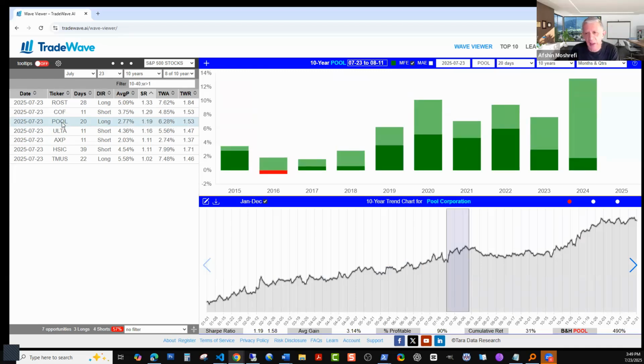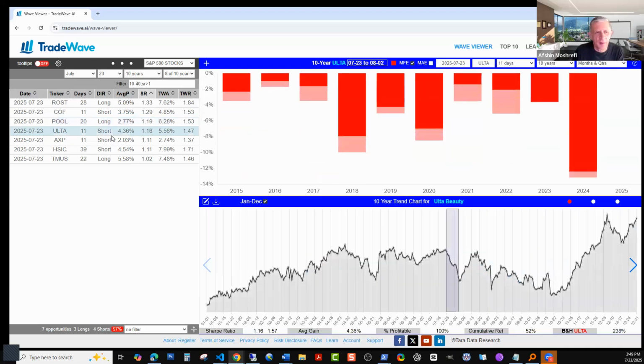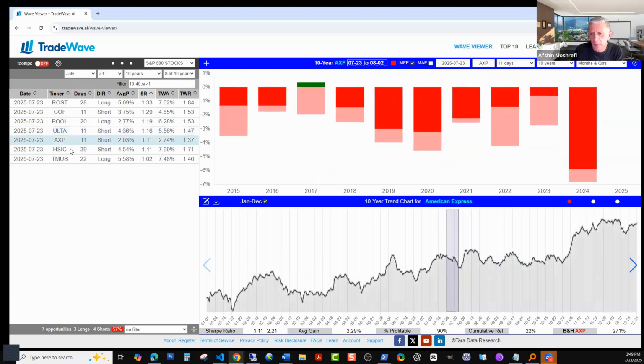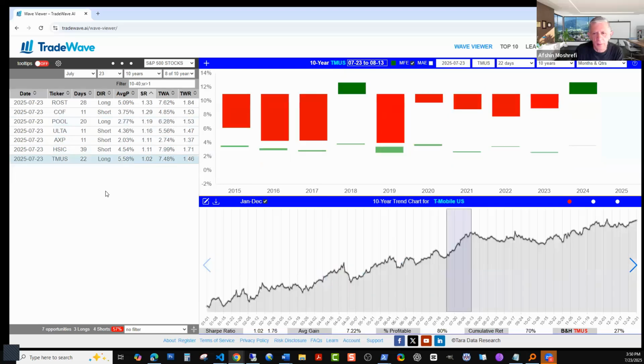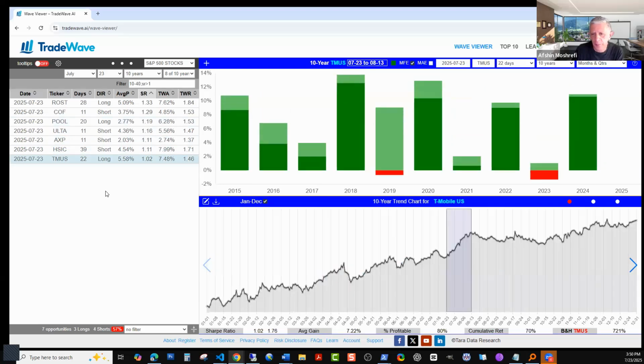They sell pool supplies. And you can see that there's a pretty decent opportunity based on the last 10 years. Here's another one, Ulta Beauty. American Express also has an opportunity, 11 days long. And T-Mobile. Another opportunity right there, 22 days.